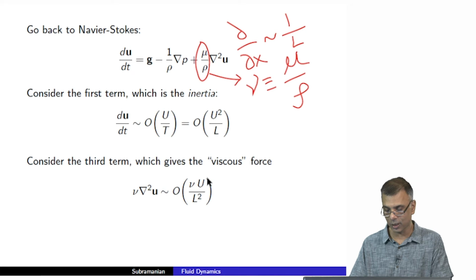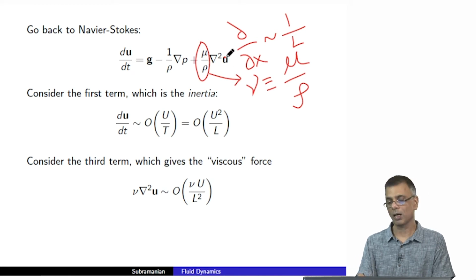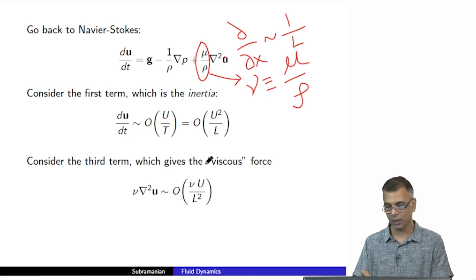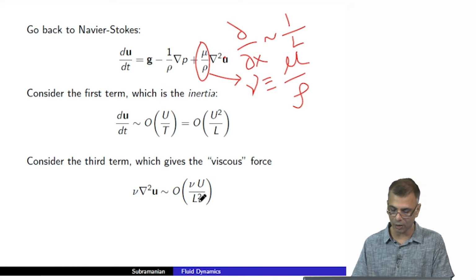I replace the velocity by the undisturbed velocity, capital U, and to account for the second derivative I have a capital L squared.